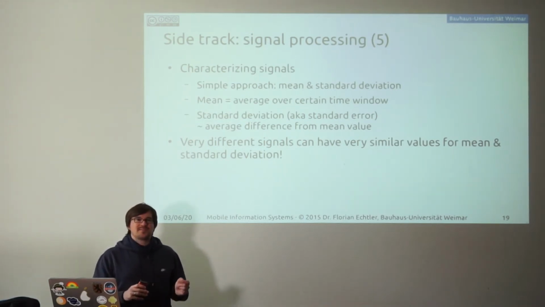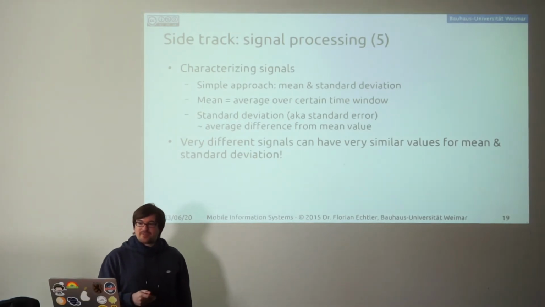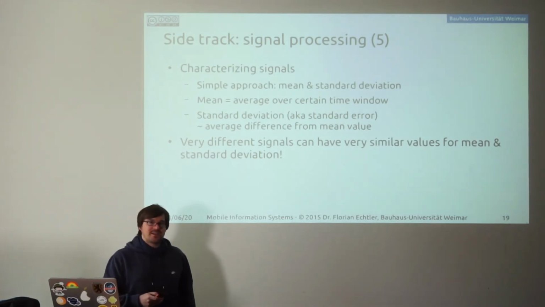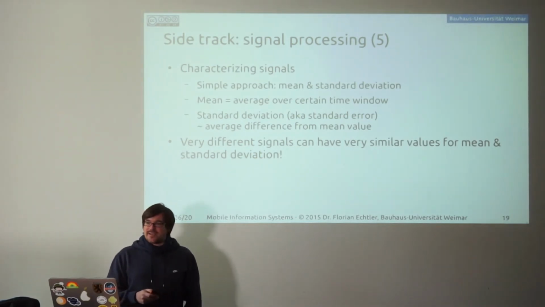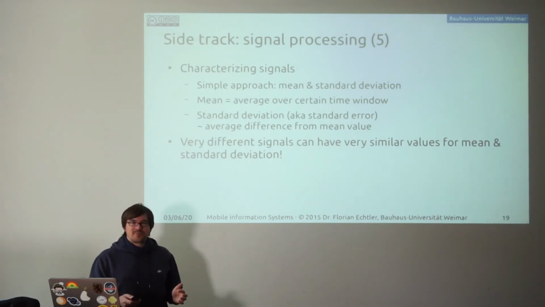The problem is this is a very one-dimensional look at things. So the standard deviation tells you a bit about how much noise there is in the data, but you can have very different signals that have the same mean and standard deviation, even though they actually look quite different. They can map to the same values.